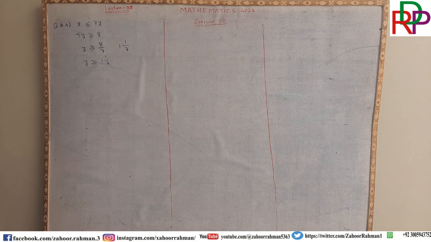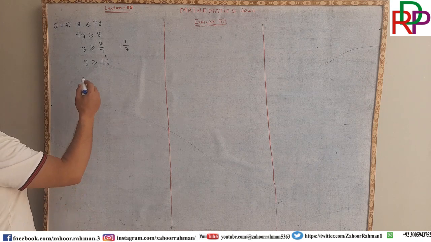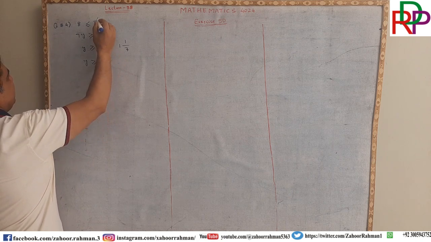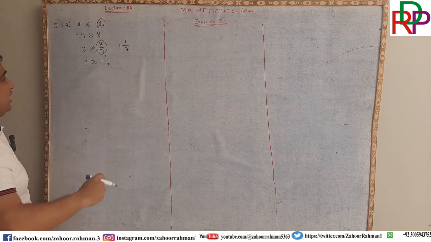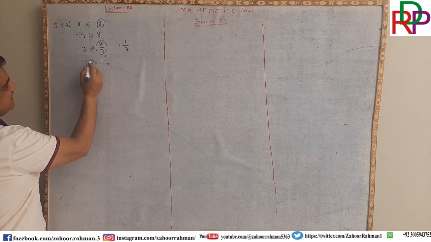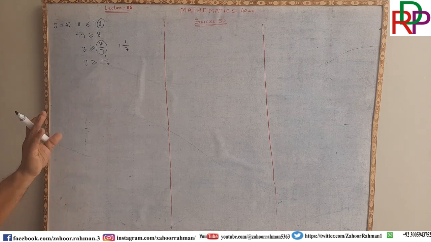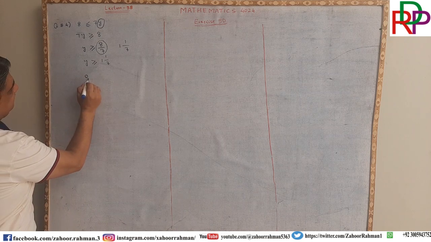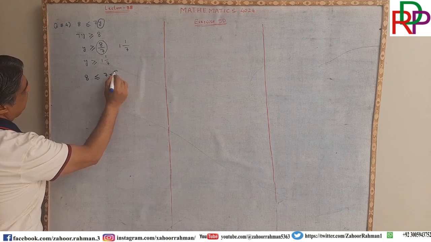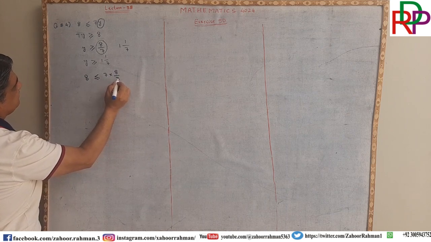Ladies and gentlemen, what does it mean? It means that if we are putting this value instead of this y, then both sides will either be equal or greater than. Let's do it. 8 is less than or equal to 7 into 8 divided by 7.